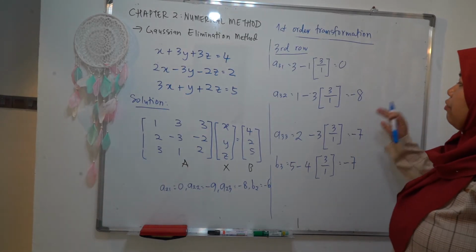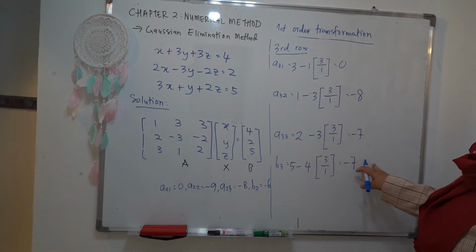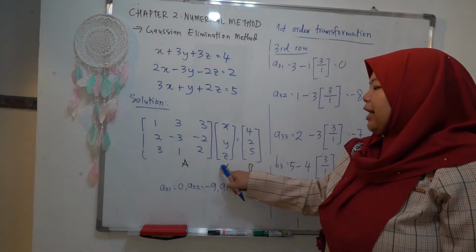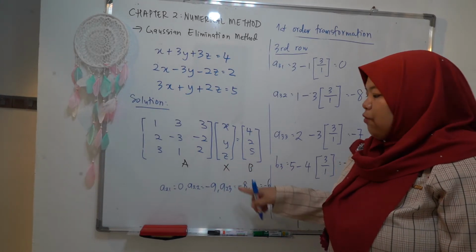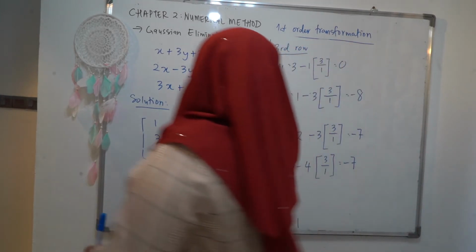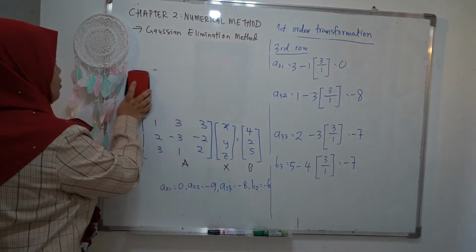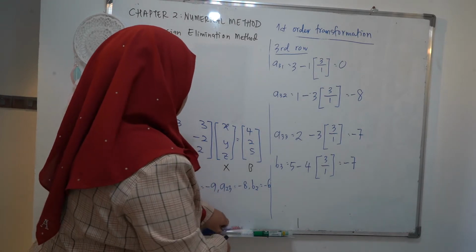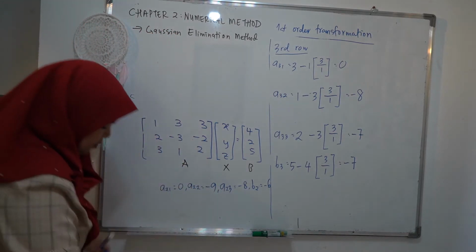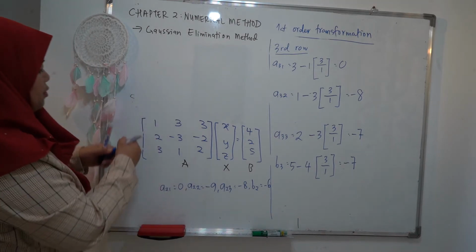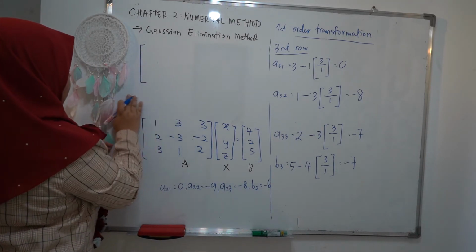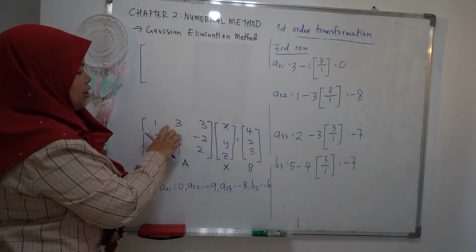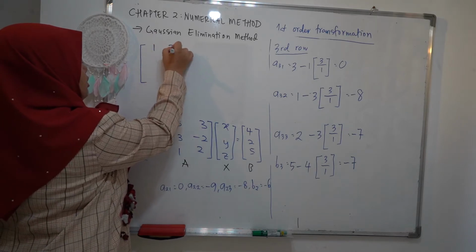So when we get all this, we have to do the matrix AX equal to B again with the new numbers. So I erase this. For the first row, I did not change anything, so I just copy and paste 1, 3, 3.